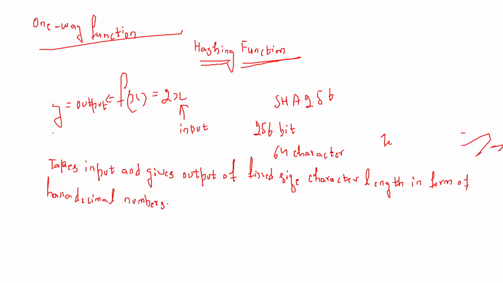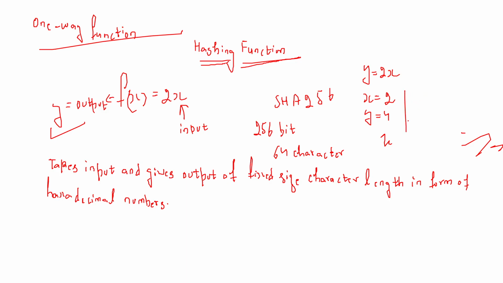Let me come back to the example where we have the mathematical function y is equal to 2x. If I give you the value of x, let us say x is equal to 2, you can very well say that the corresponding value of y is 4. It means if I give you the value of x, you are able to provide the value of the output, that is y.